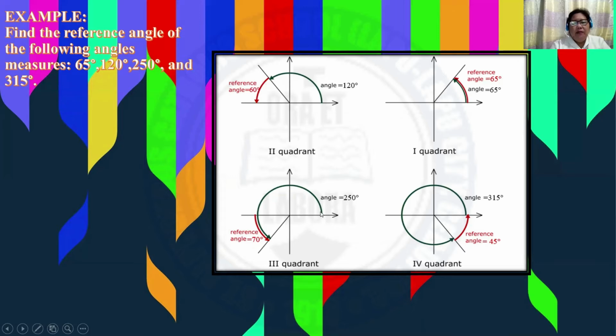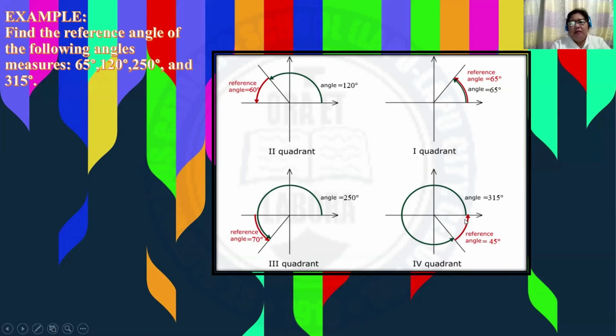For a 250 degree angle, the reference angle is this part, between the terminal side and the negative x-axis, and it is equivalent to 70 degrees. That is 250 degrees minus 180 is 70 degrees.